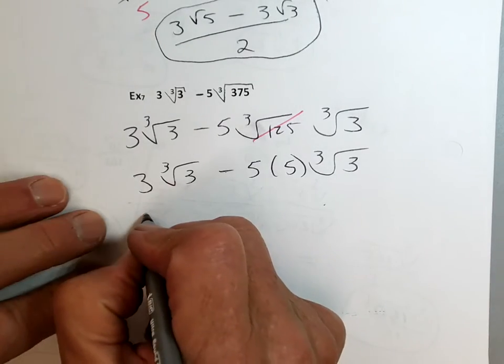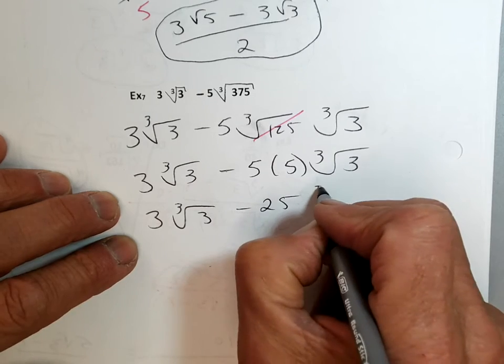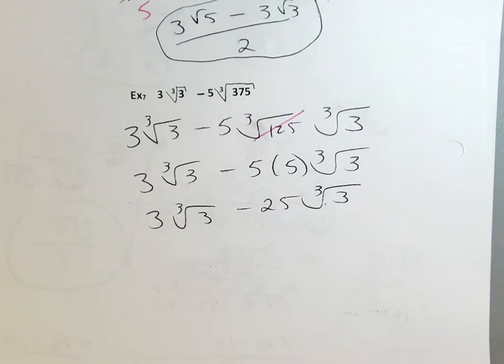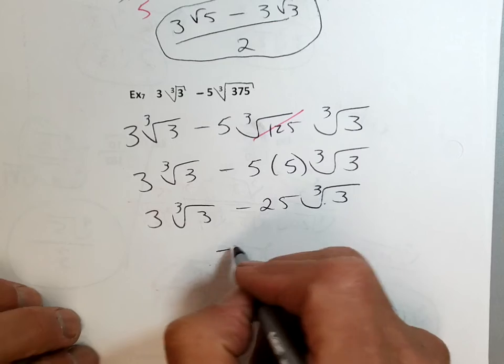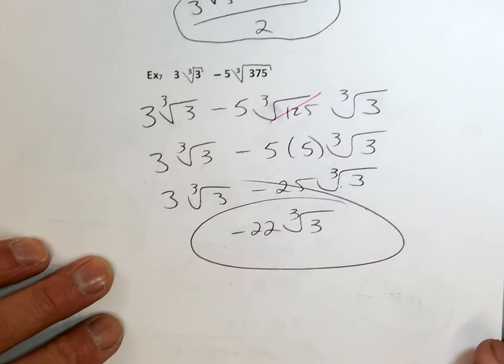So 3 cube roots of 3 minus 25 cube roots of 3. Now I can subtract them, right? Negative 22 cube roots of 3. Bam!